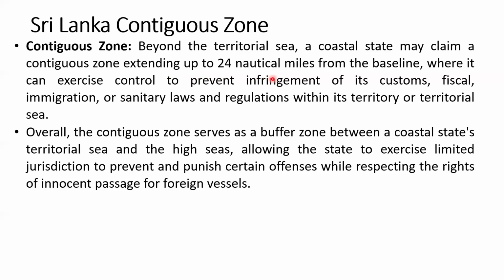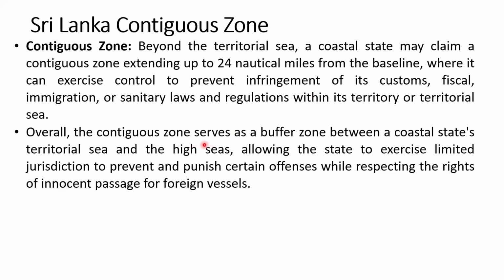The initial 12 nautical miles we call the territorial sea. Then between 12 and 24 nautical miles, that zone is identified as the contiguous zone, where it can exercise control to prevent infringement of its customs, fiscal, immigration, or sanitary laws and regulations within its territory or territorial sea. It's similar to the territorial sea.